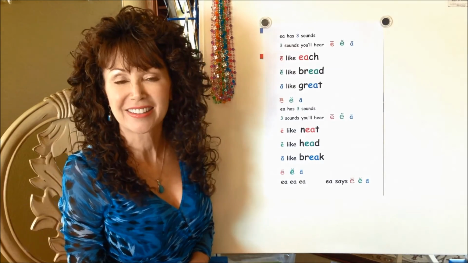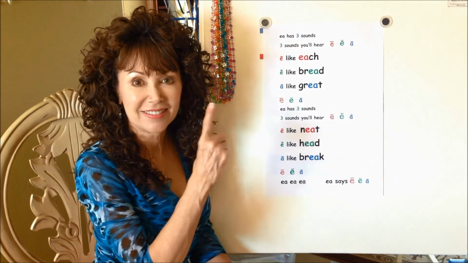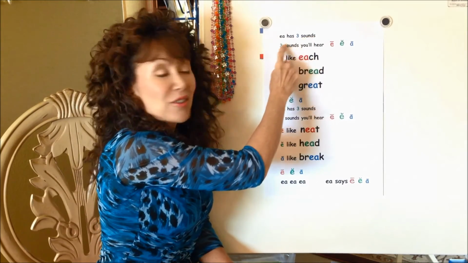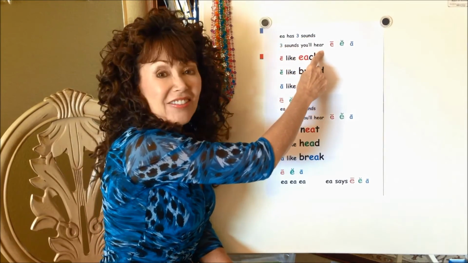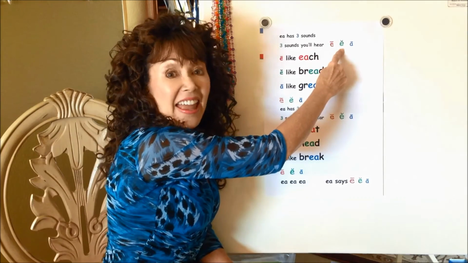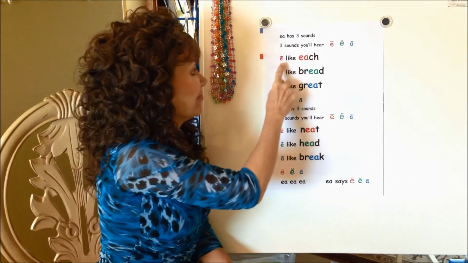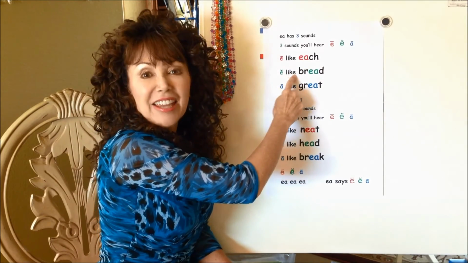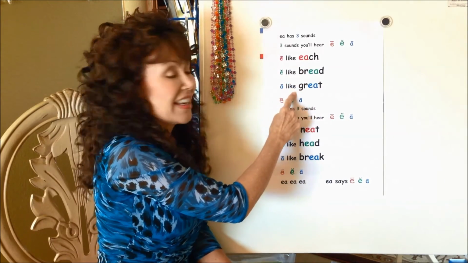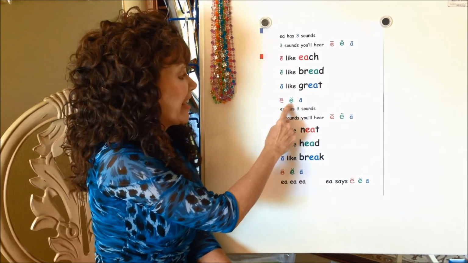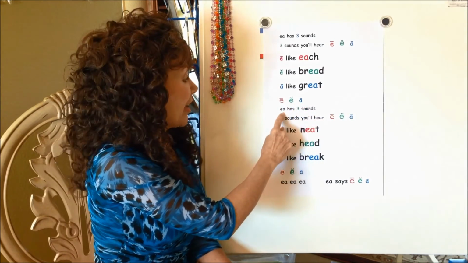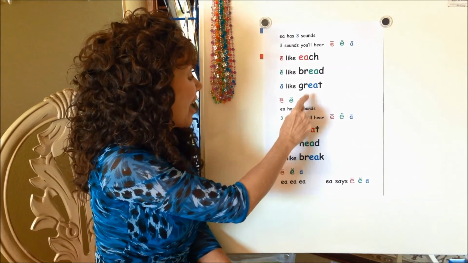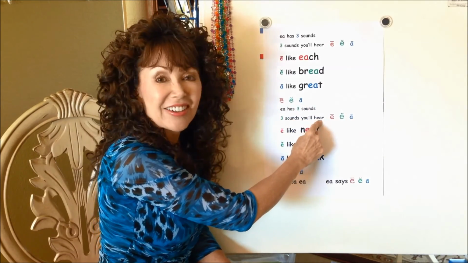Let's do it with the music. Three sounds you'll hear. E, A. E like each, E like bread, A like great, E, A. EA has three sounds you'll hear.